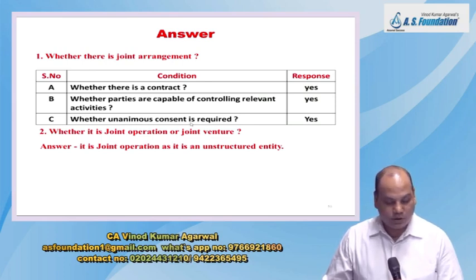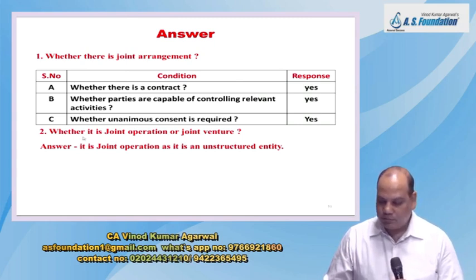Again the answer is yes, that is printed in the question itself. All manufacturing and selling activities require unanimous consent. Yes. So then you first write down one conclusion. Conclusion, there is a joint arrangement.